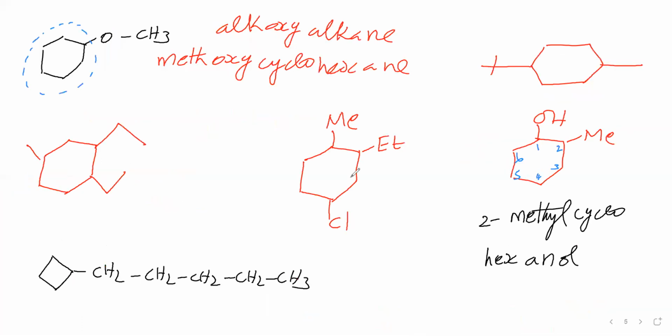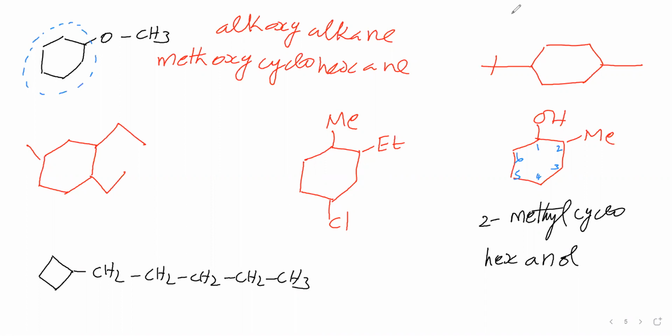Next, this compound name you have tried. For this compound, how to give numbering? Should chlorine get the least position, or ethyl, methyl? Halogen, alkyl group, nitro group, ether all get the same priority. Therefore, based on the sum of locants, as per that you give the numbering.